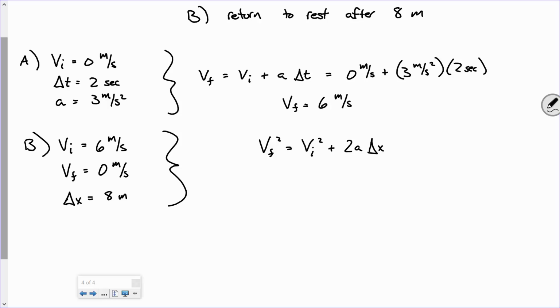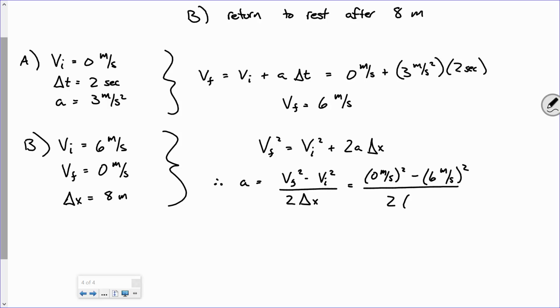Make sense? All right. So if I solve for A, what do I have? I have VF squared minus VI squared over 2 delta X. So 0 meters per second squared minus 6 meters per second squared over 2 times 8 meters.